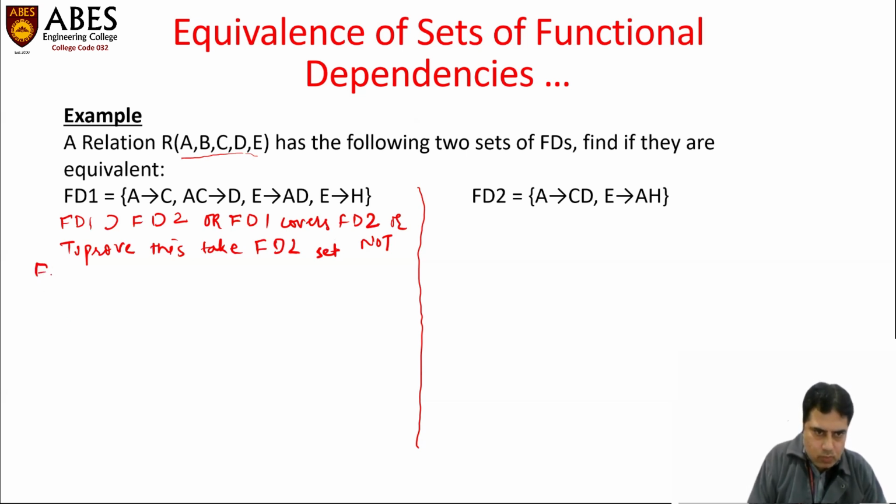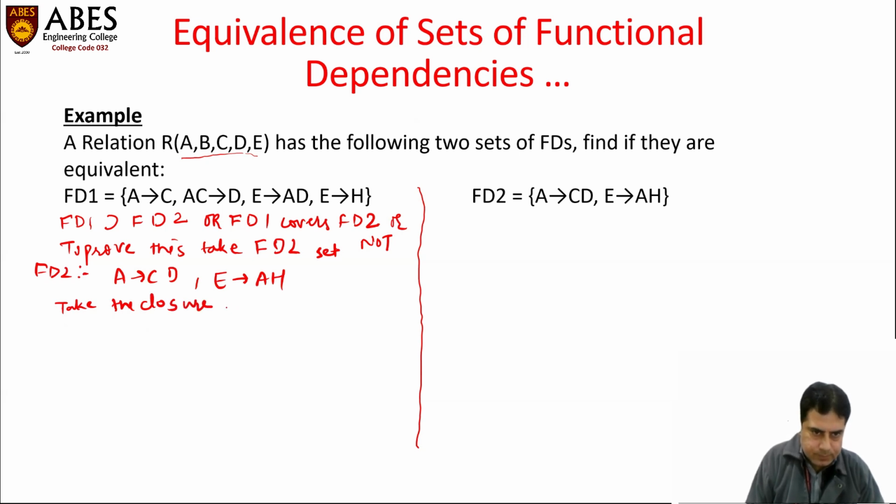So FD2 set is A determines CD and E determines AH. Now we have to take the closure of these FDs from FD1. For example, the first FD is A determines CD.